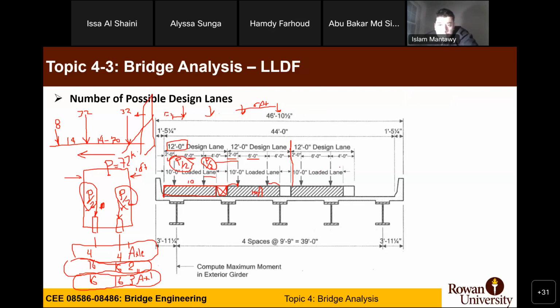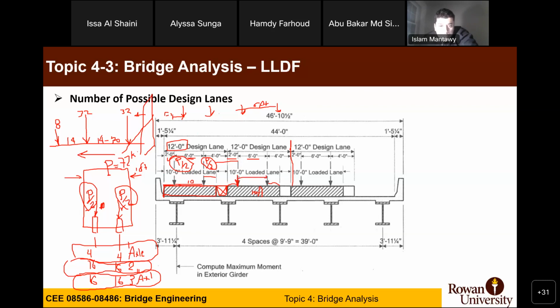So if you don't have any question, here is how we lay out our trucks in the transfer direction, correct? P over 2, P over 2 for each of those arrows, and they start 2 feet from the edge of the barrier. You put another 6 feet to the second wheel on the first truck. After that, you have a 2 feet gap, and you put another 2 feet to the first wheel of the second truck.